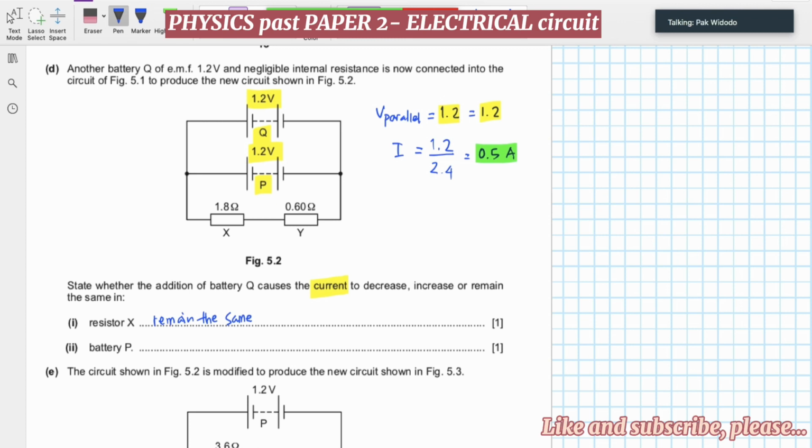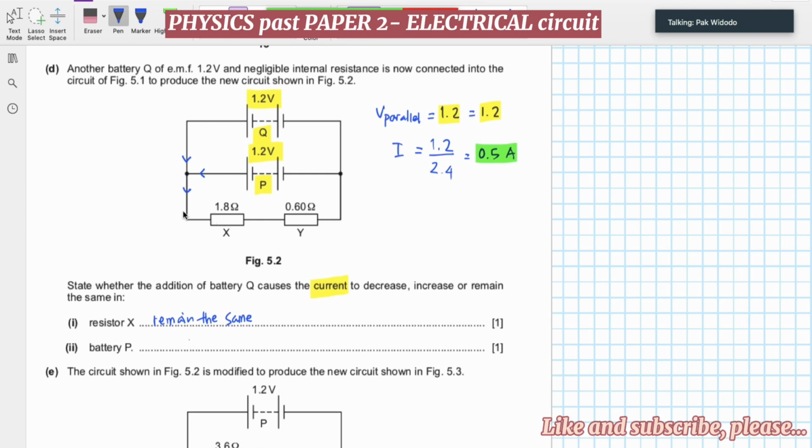Then battery P. The current on battery P, does it remain the same too? Oh, sorry, this current changes here. Why? Because the current splits into two and becomes one.